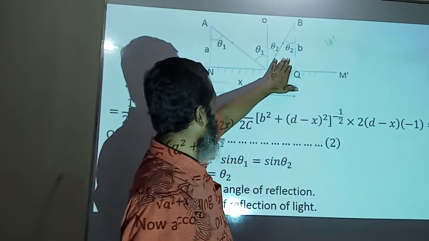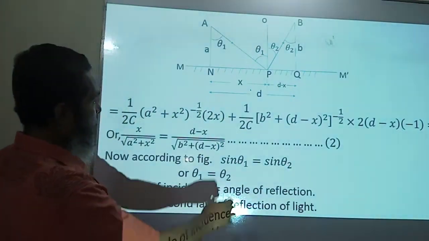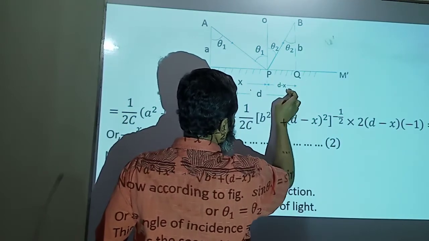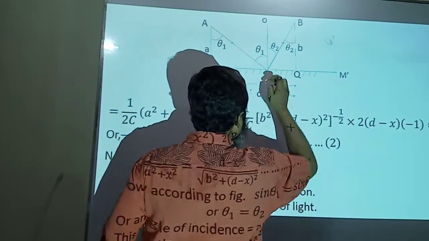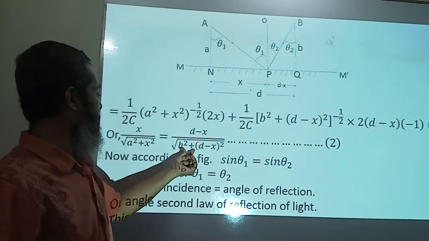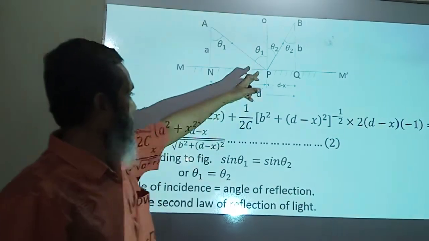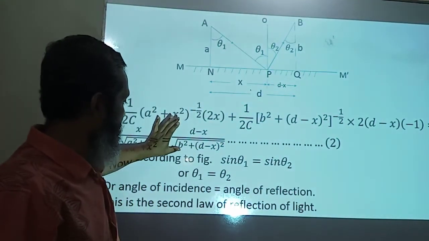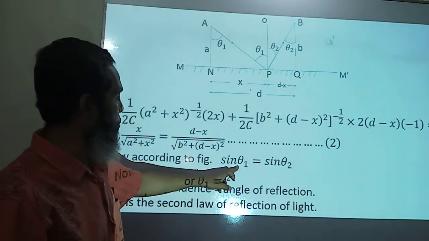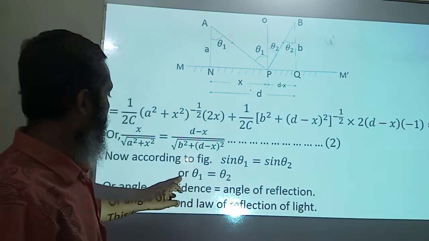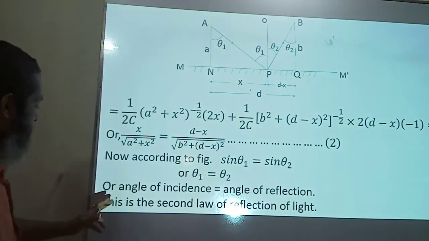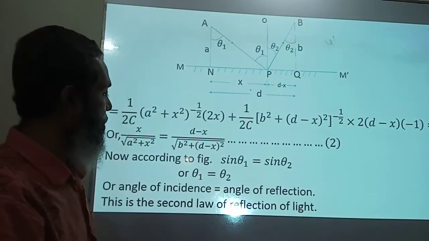And come to this triangle, here d minus x, with the angle theta 2. So d minus x is the perpendicular, and BP is the hypotenuse, and BP is equal to root over b square plus (d minus x) whole square. Perpendicular by hypotenuse is sine, so this one is sine theta 2. So we get sine theta 1 is equal to sine theta 2, or if we remove sine from both sides, theta 1 is equal to theta 2, that is, angle of incidence is equal to angle of reflection.